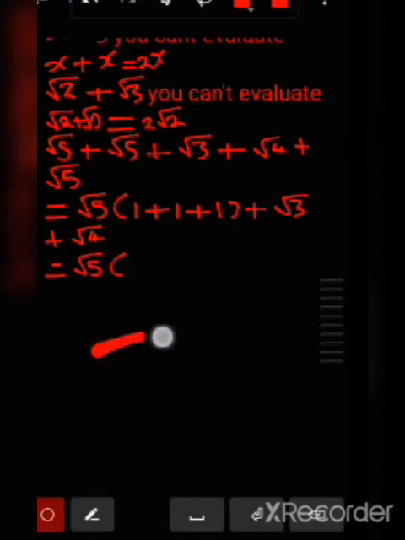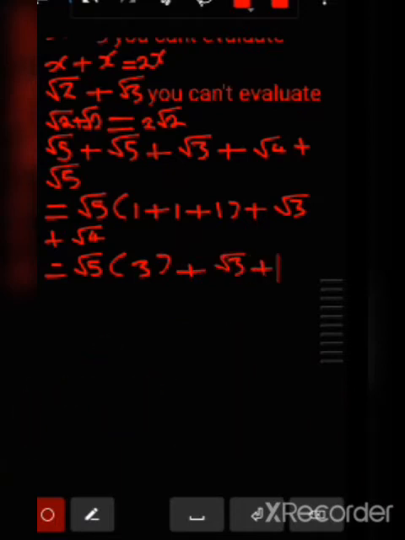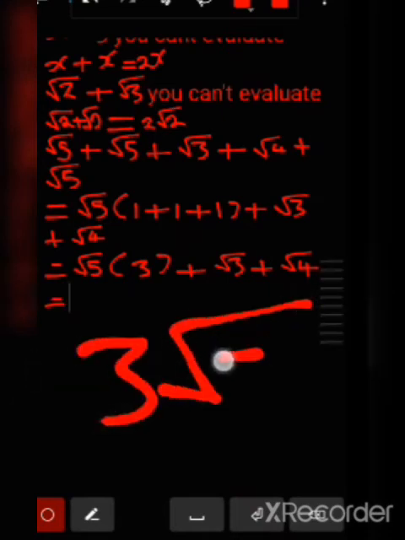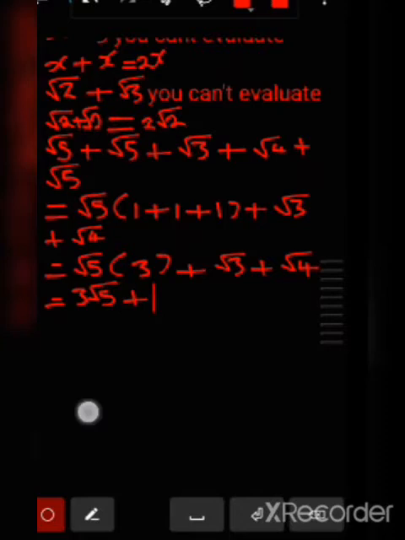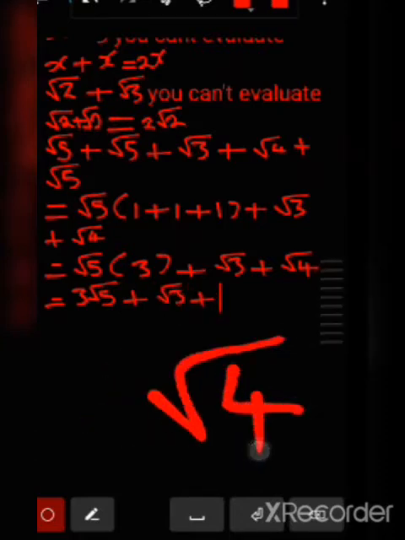When I add that, I'll remain with a 3 plus the root of 3 plus the root of 4. So I'll simply have 3 root 5 plus root 3 plus root 4. So that's the answer there.